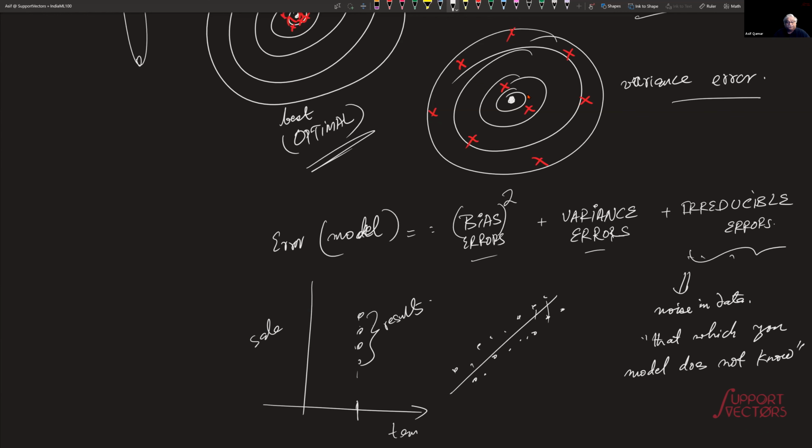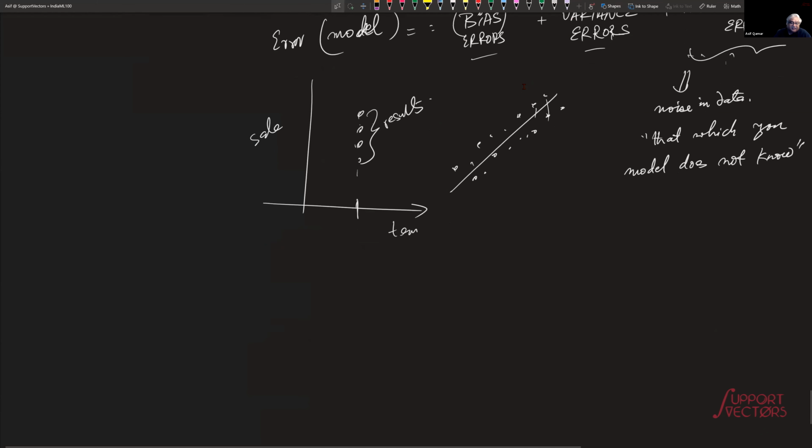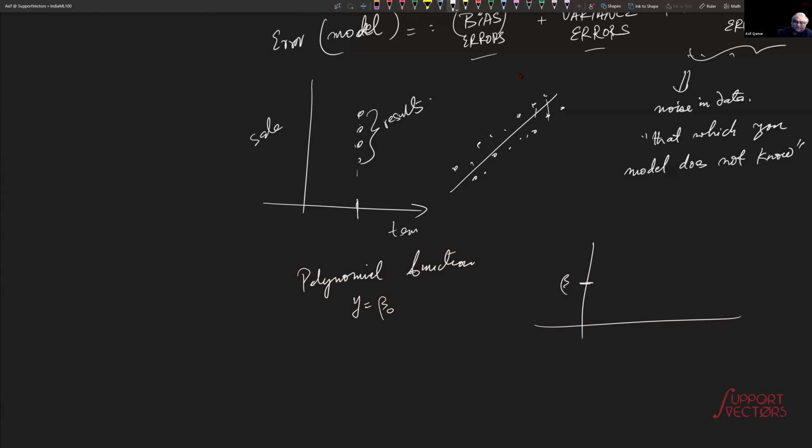Are we together? Now, I'll just mention something. When you build a model, you can build a simple model. Let's say there is a thing called a polynomial function. So look at a function. Y is equal to just beta naught, the intercept. It is a straight, flat, horizontal line.